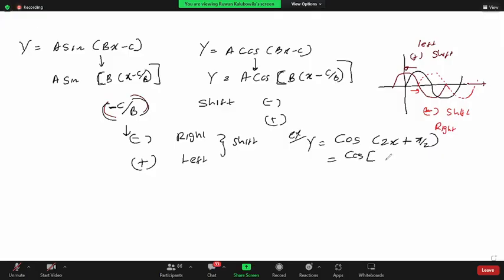Cos, let's take out 2, now x plus 5 over 4. Now let's write this term in our familiar way, x minus, minus 5 over 4. Now this term and the appearance are the same.